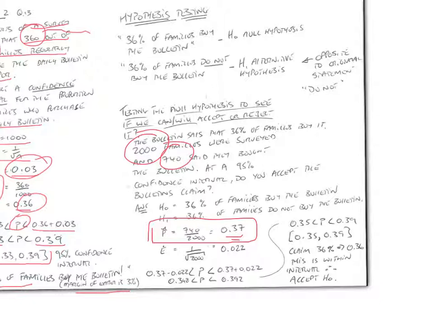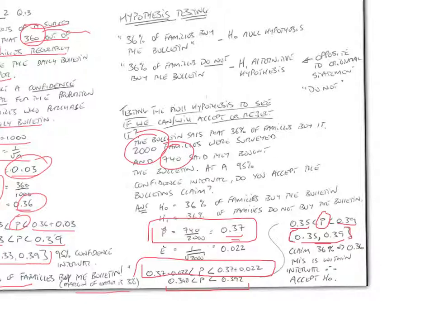That's p hat is equal to 0.37. So our 95% confidence interval will always be p hat minus the margin of error to p hat plus the margin of error. So that's 0.348 up to 0.392. So we round them off to 2 decimal places. That's our population proportion sits in between 0.35 and 0.39. So our 95% confidence interval looks like this.